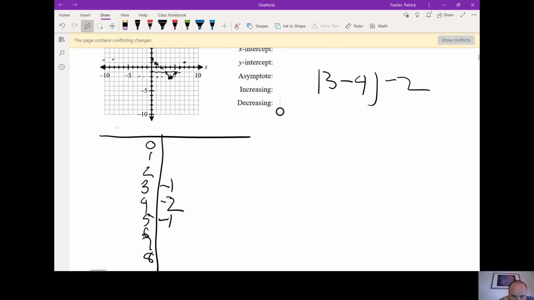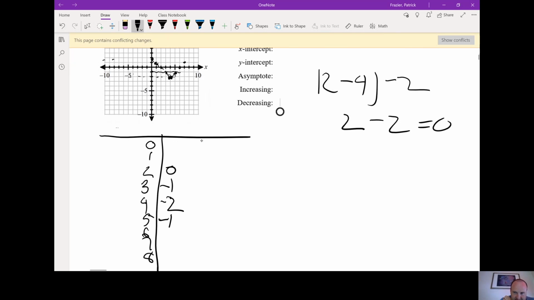And then when x equals 2, 2 minus 4 is negative 2. The absolute value of negative 2 is positive 2. So 2 minus 2 equals 0.